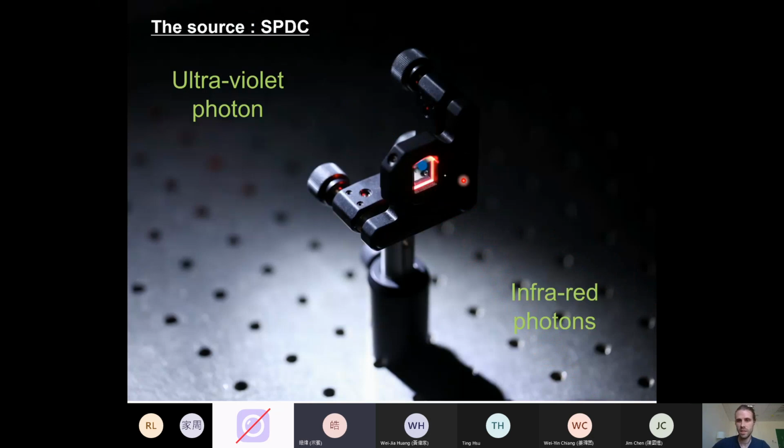What you see here and here are those two beams, the photons that are propagating in those two beams. And it turns out that, as we will see later, those photons are not only correlated in position and momentum, but these correlations in both position and momentum mean that they are entangled.